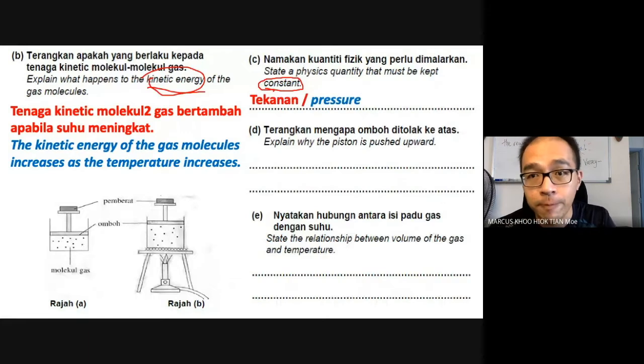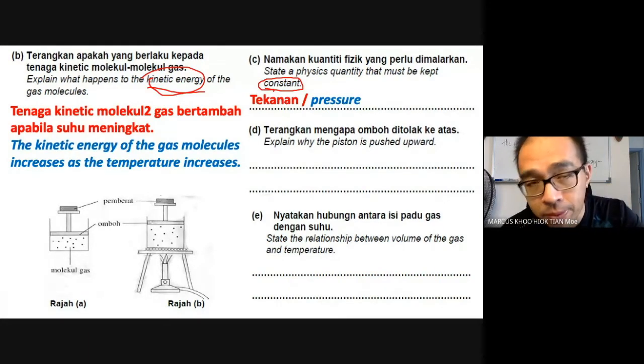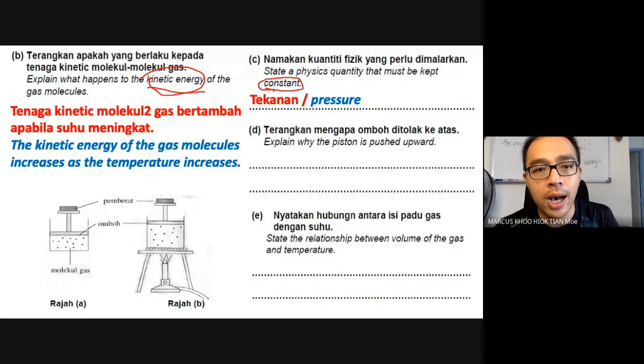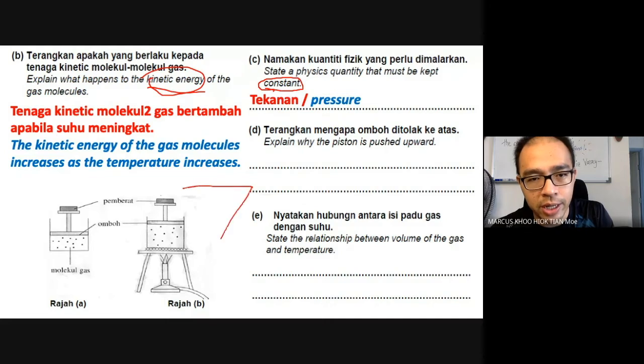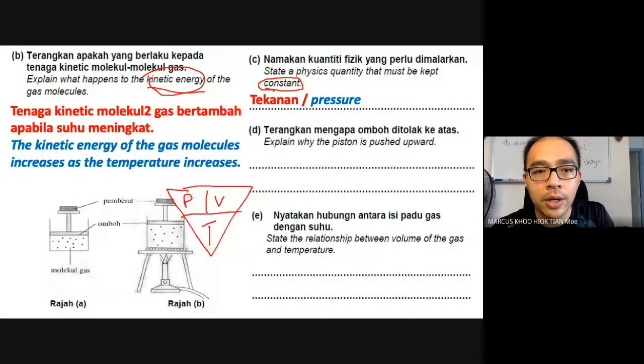is pressure. Now bearing in mind once again that the gas laws are a relationship. If you remember the triangle that we drew the other day, the gas laws are a relationship between pressure, volume, and temperature. So in Boyle's law, we were looking at pressure and volume.